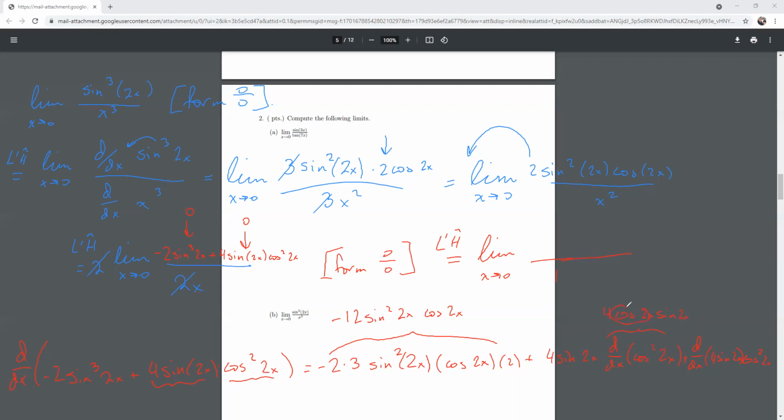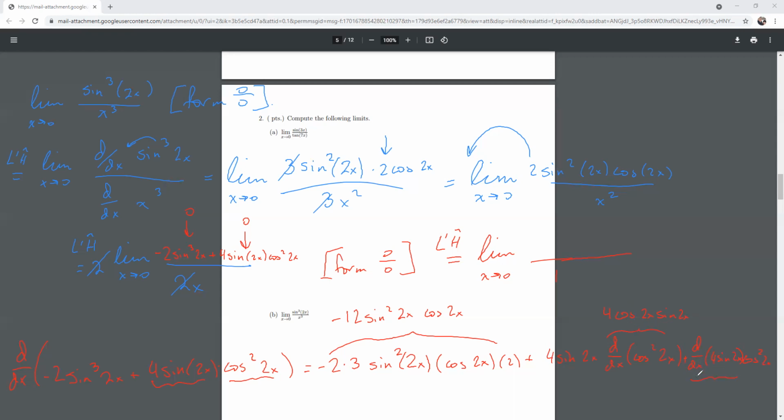We leave the inside the same. And then we're going to multiply by the derivative of the cosine 2x, which is just sine 2x. Again, chain rule, just as before, there's an extra 2 from that, and that's why we have a 4 up front.